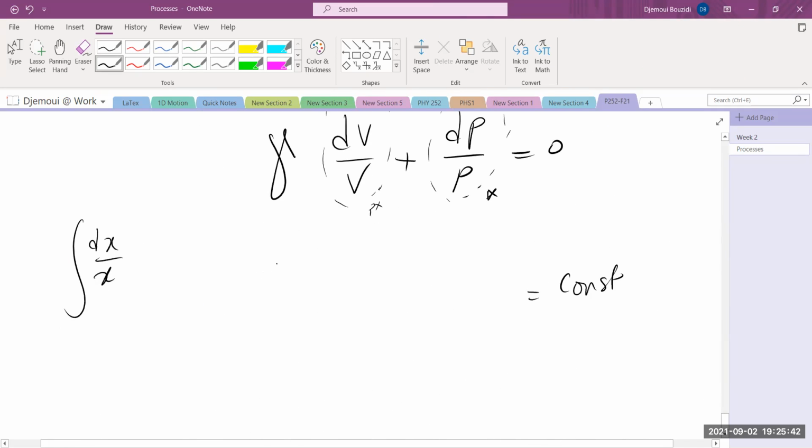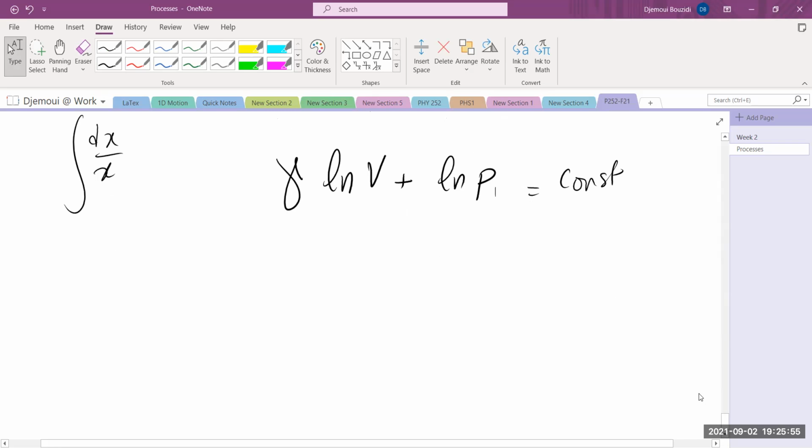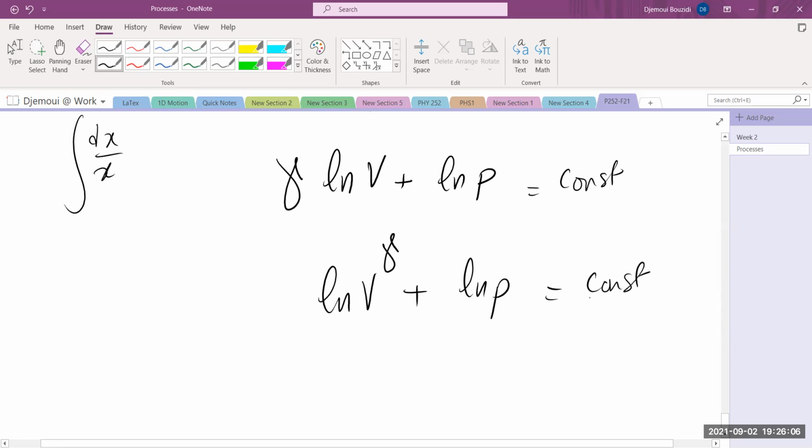So I have gamma natural log of V, plus the natural log of P, equals a constant, because the integral of 0 is a constant. And gamma ln V, I can write as ln of V to the power gamma, plus ln of P. These are the properties of the natural log, that's all. Remember gamma is more than 1.